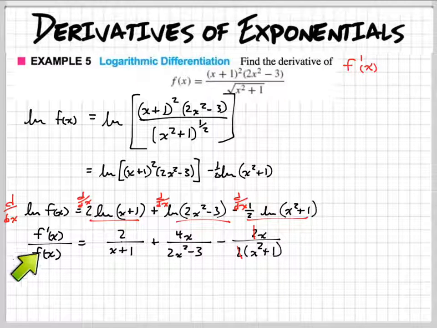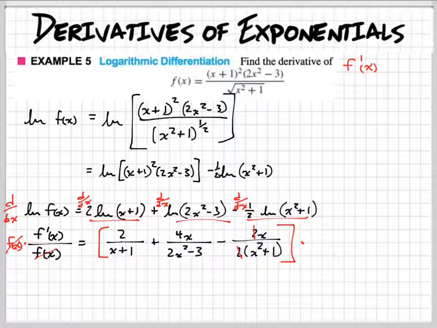So how would I get f prime alone right here? Look at it. We have f prime divided by f. How do we get it alone? Multiply by f. Oh man, this just gets nastier and nastier. So we go times f of x. That goes away, which means we have to multiply this side by f of x. Now, to save us from writing, I'm not going to rewrite this whole thing, but I'm just going to erase this and write what f of x is.